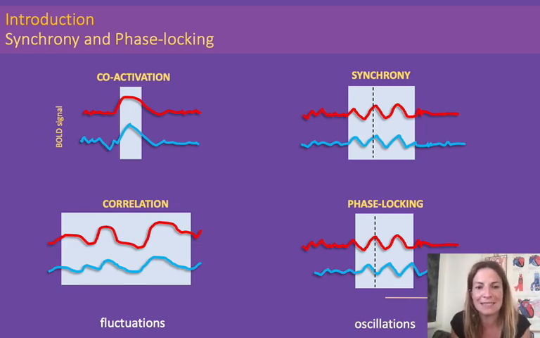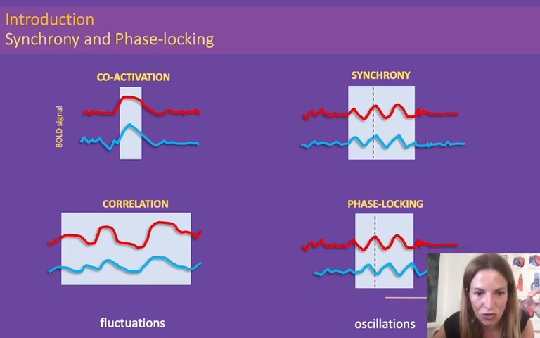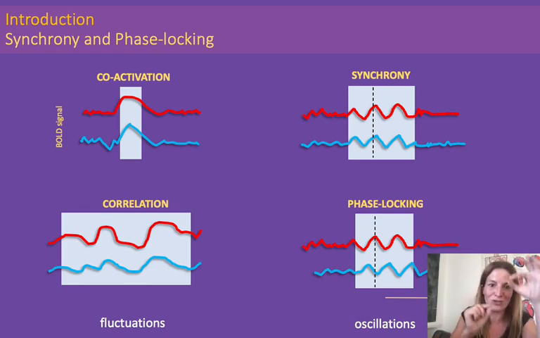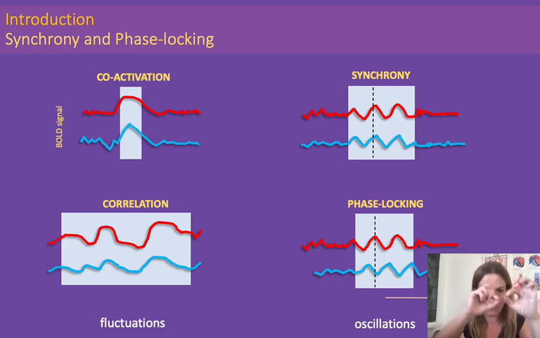Now, if there is a periodicity in the signal, in the temporal signature, so if there is a specific timing, we can talk about oscillations. And if the signal is indeed oscillatory, then the term to characterize when you have two signals that share the same oscillatory signature is that they are synchronized, and they are synchronized in phase. If the two signals are exactly identical, so they overlap, you can find that they go up and down at the same time, or they can be phase locked in the sense that it's the same oscillation, but shifted in phase.